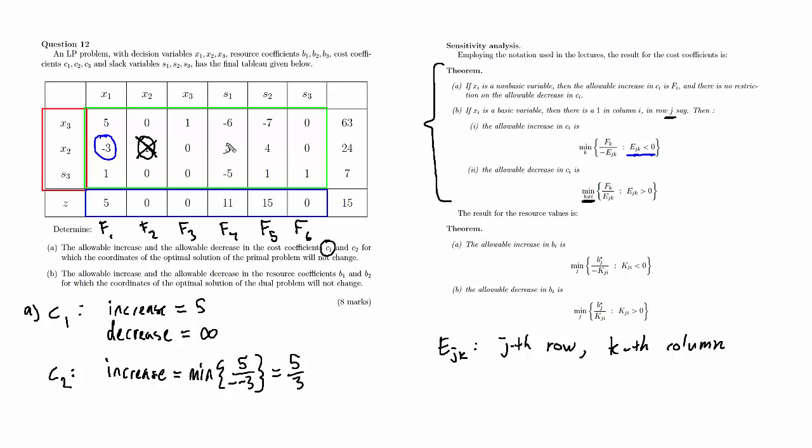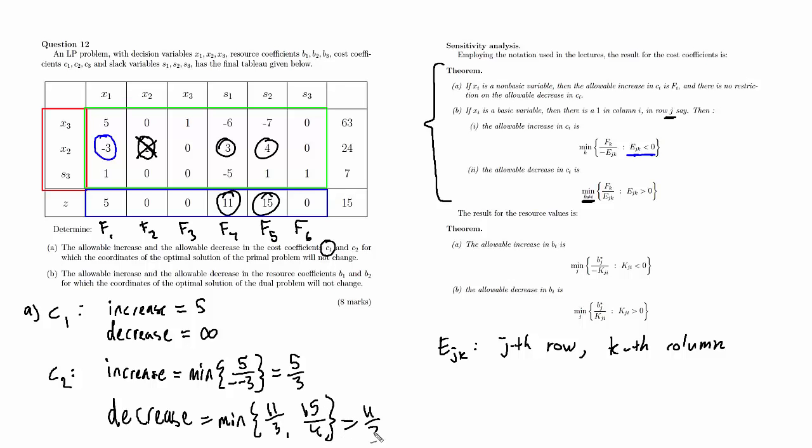The positive values are 3 and 4, circled here, and the corresponding values of F are F4 and F5, circled here. The allowable decrease is then the minimum of 11 on 3 and 15 on 4, which is 11 on 3.